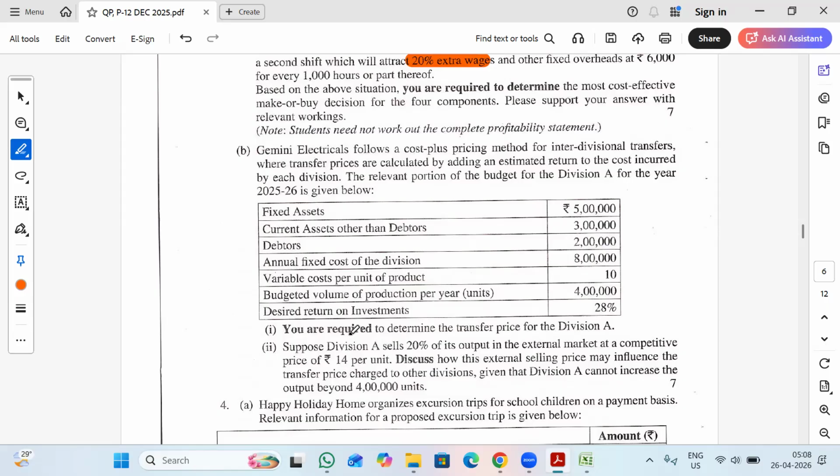We can easily calculate. First we need to calculate my cost. Here the variable cost is 10 rupees and the annual fixed cost is 8 lakhs, so we need to convert it to per unit cost.